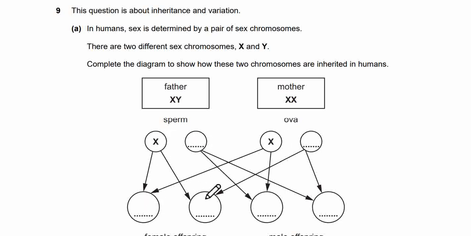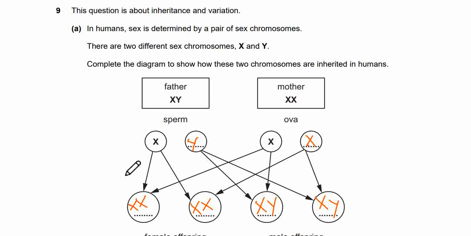So this X, X, and so we fill up here Y, and this is X, and then X. Go to here, and it pairs up with this one, XX, and this is also XX, and Y go to here, and pair up with the X go to here, and this one Y and the X from here go to here.